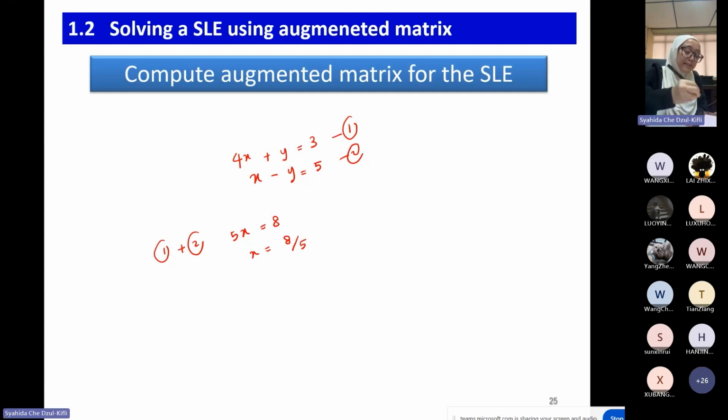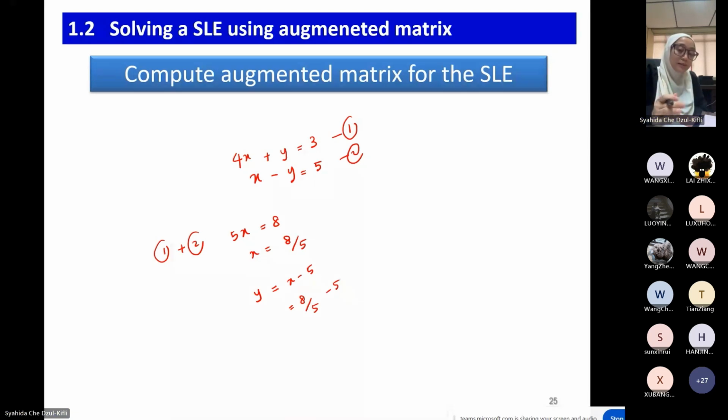This is one of the methods. And therefore, y is equal to x minus 5. I'm not sure what the name of this method is, but I believe that most of you know this.